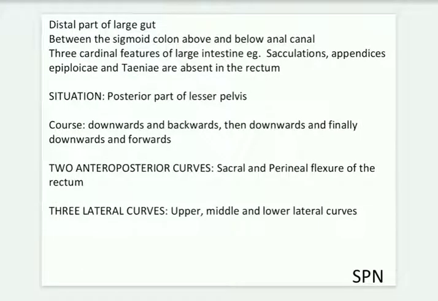Firstly, the rectum is in the distal part of your large gut and is placed between the sigmoid colon above and the anal canal below.